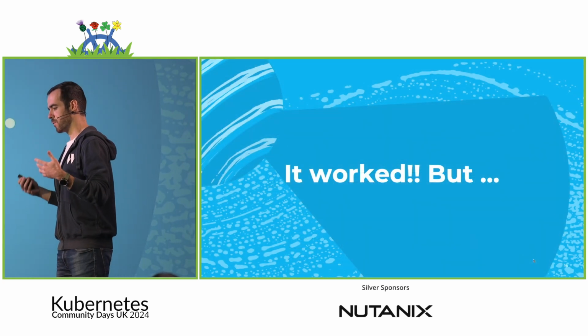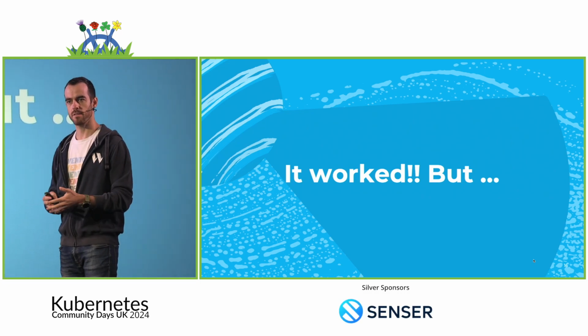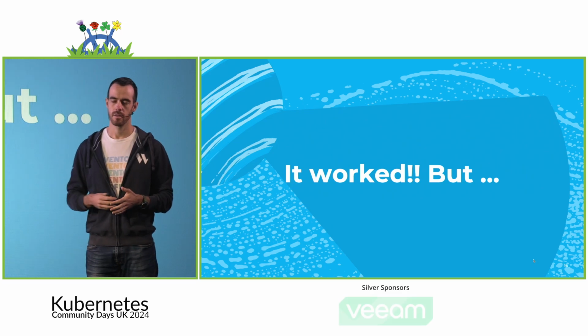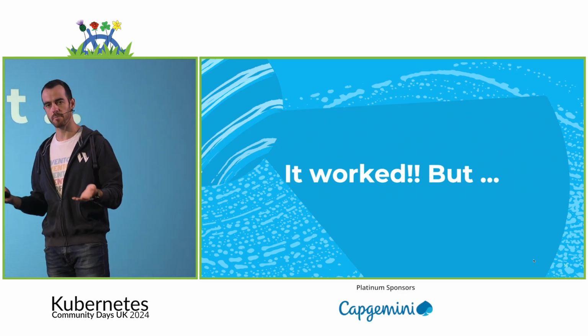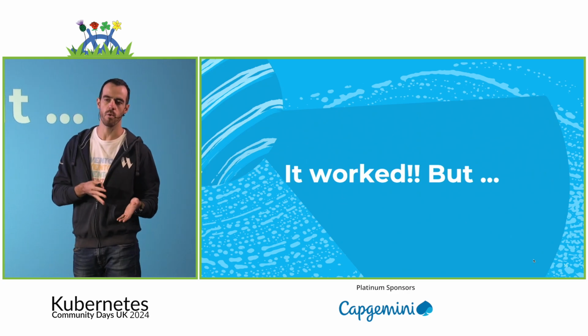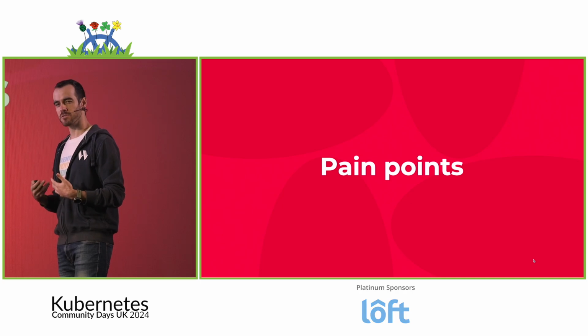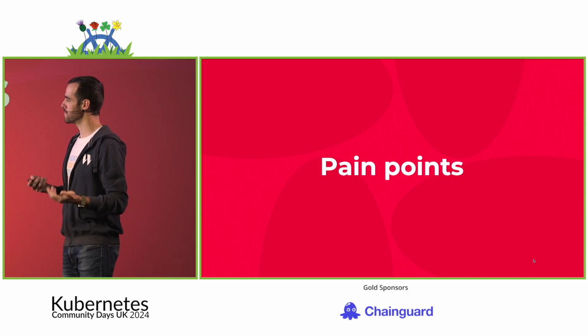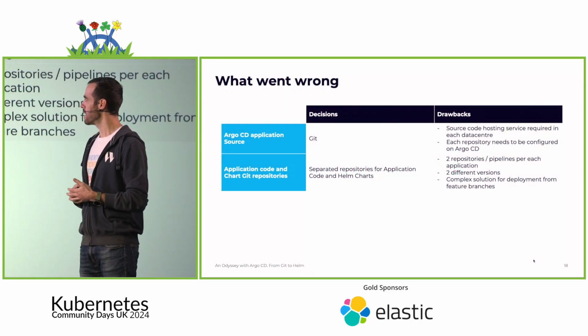All right, so once we had a working solution, we shared it with some teams to gather feedback. Even though the solution worked, it solved our problems and met our requirements, we noticed that there was room for improvement. So let me go over our pain points.